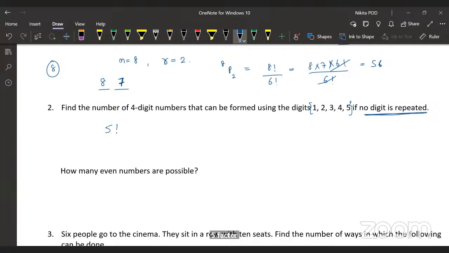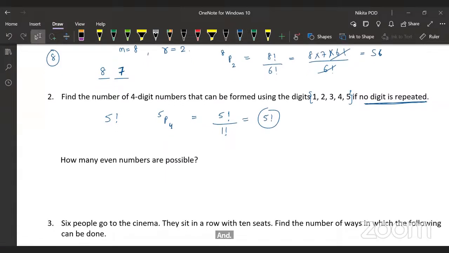How did you find this? 5P4 permutation, by the counting principle. 5P4 is 5 factorial divided by (5 minus 4) factorial, which is 1 factorial, so it is 5 factorial, 120.